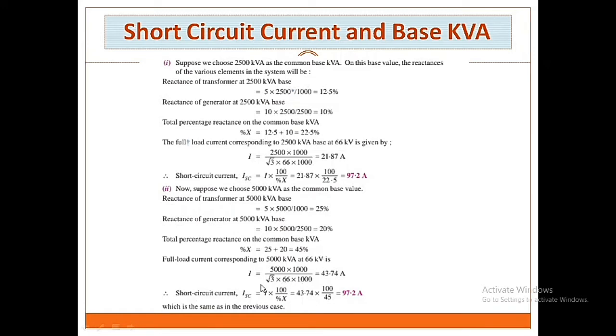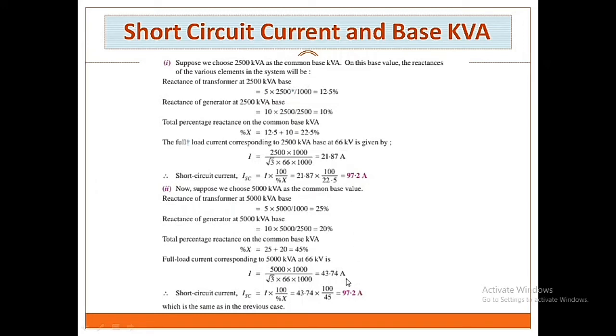Now again we calculate full load current because base kVA is changed. So just change the value of power and we get the value of full load current as 43.74 ampere. So from here, short circuit current: new percentage reactance is 45 and full load current is 43.74, and the short circuit current is 97.2, which is same as in the previous case.